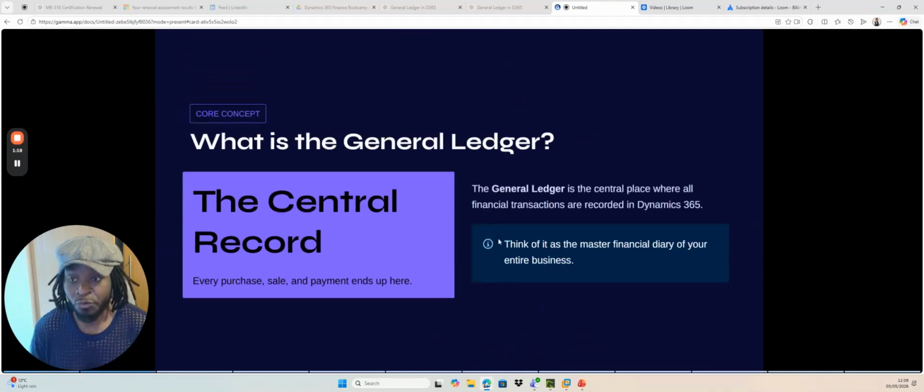So, what is a general ledger in the aspect of Dynamics 365? A general ledger is a module on its own, and is more like a central record where every purchase, sale, and payment ends up.